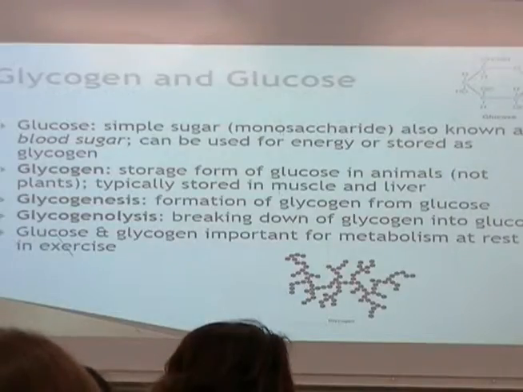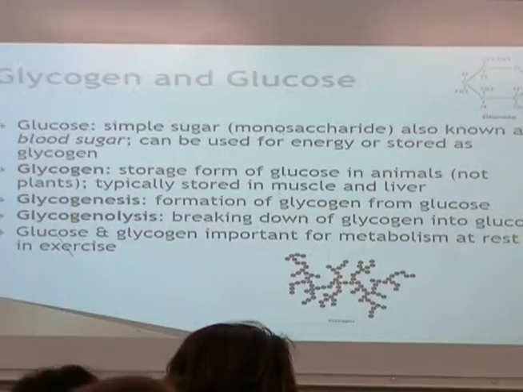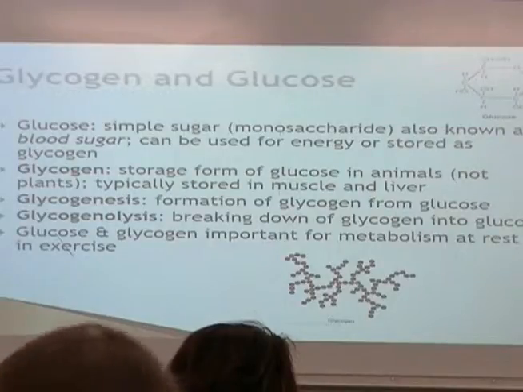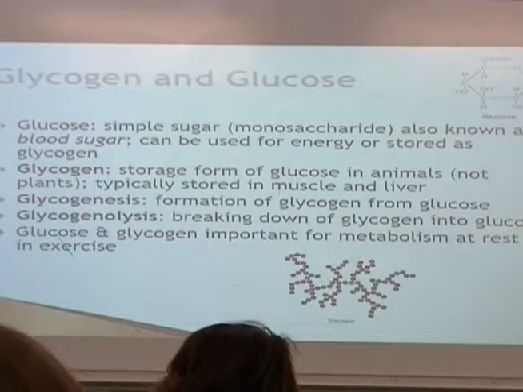Break down foods, right? Digestion uses energy. Okay. Breathing uses energy. Okay. So glucose and glycogen are important whether we're moving or not. Because even at rest, we need energy just to do other things, you know, keep the body going.